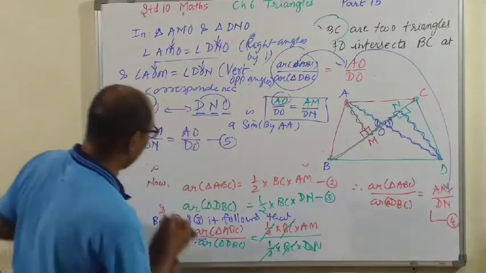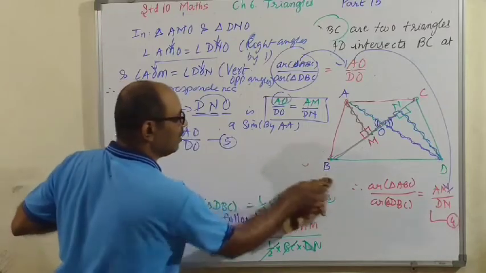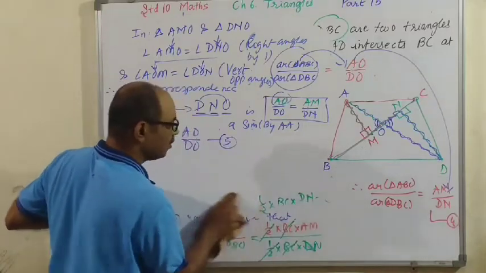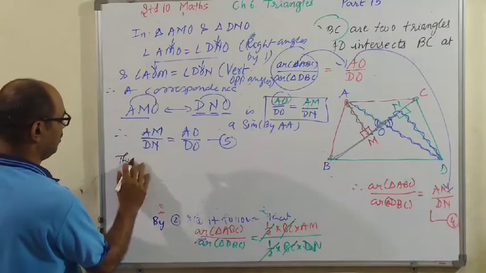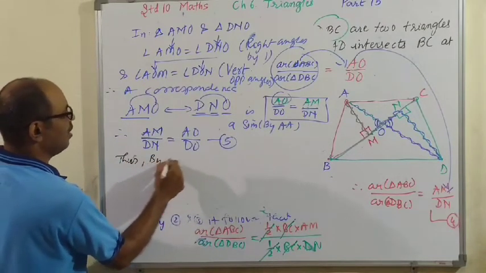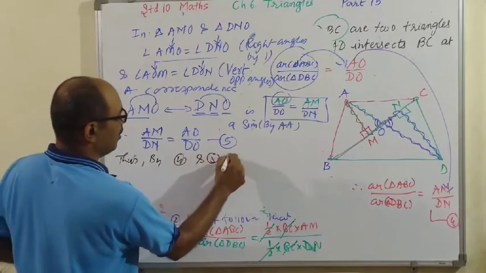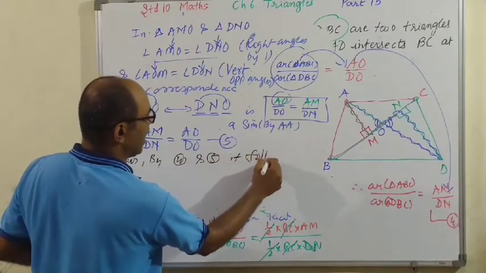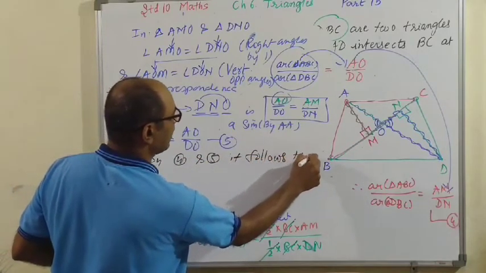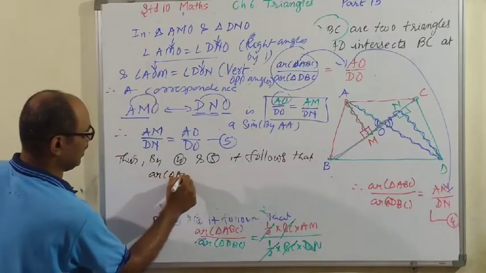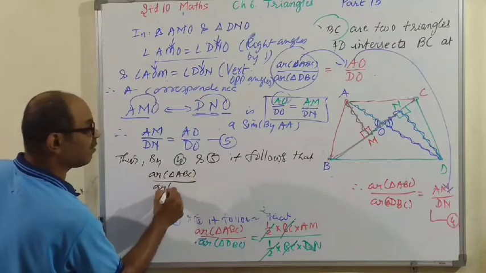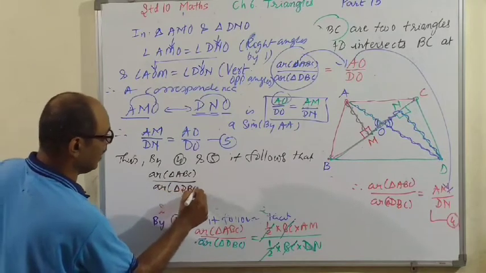Okay. I'll erase this one line as well. Thus, by 4 and 5, it follows that, what is area of triangle ABC upon area of triangle DBC?